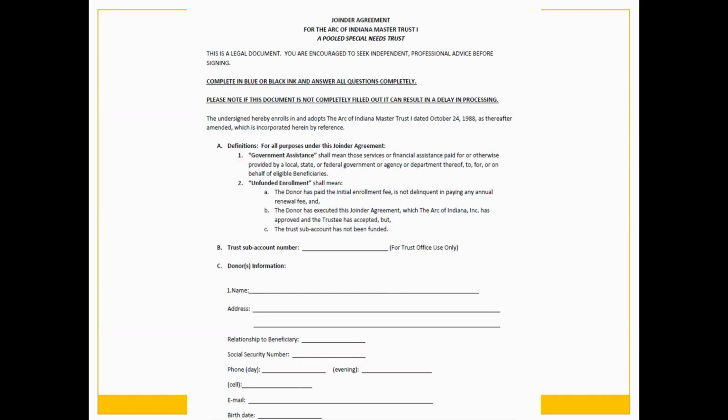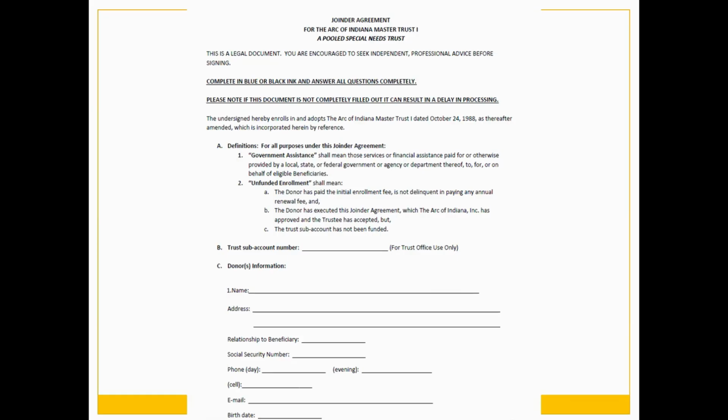So now we're going to jump into how to fill out the enrollment forms and answer some frequently asked questions. We'll start with Trust 1 first, and then we'll take a look at Trust 2. The first page of the Trust 1 forms asks for information about the donors, and the donors are going to be the individuals who are contributing their money into this trust.